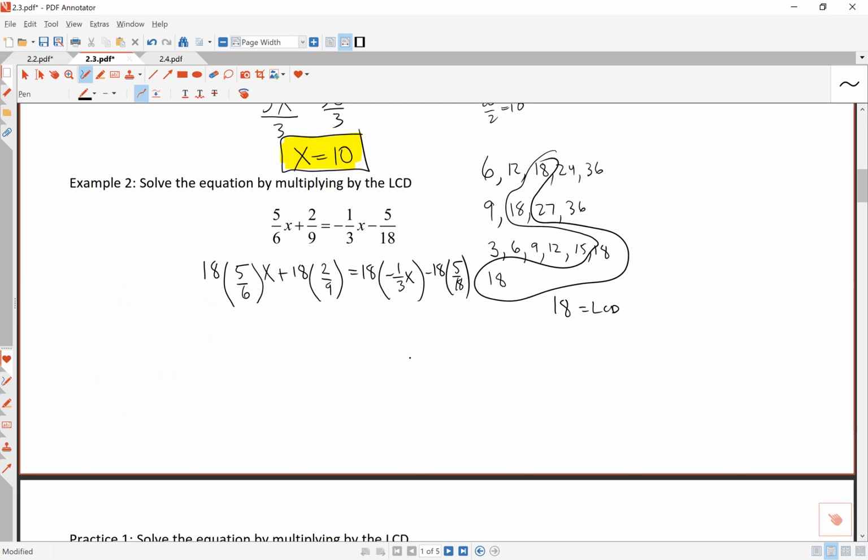Now 6 goes into 18 3 times. We're left with 15x.